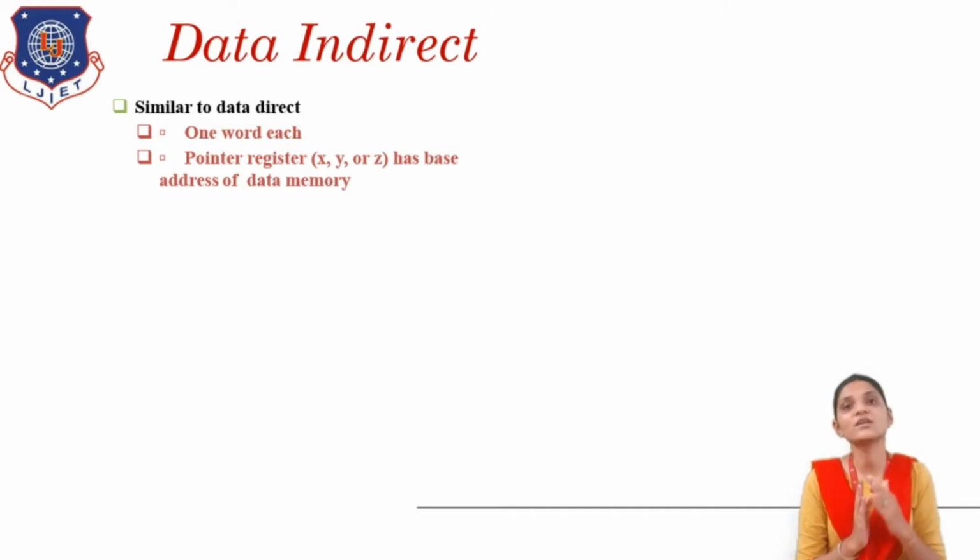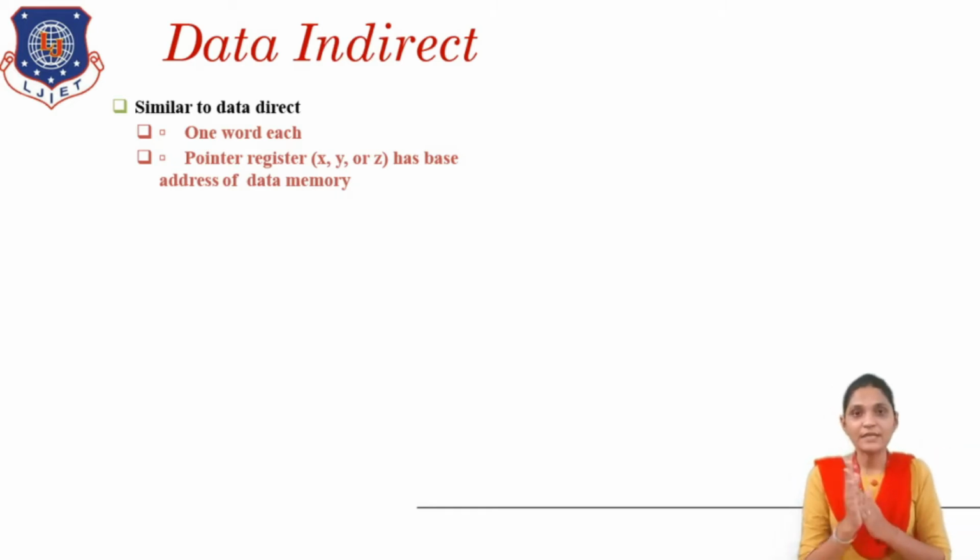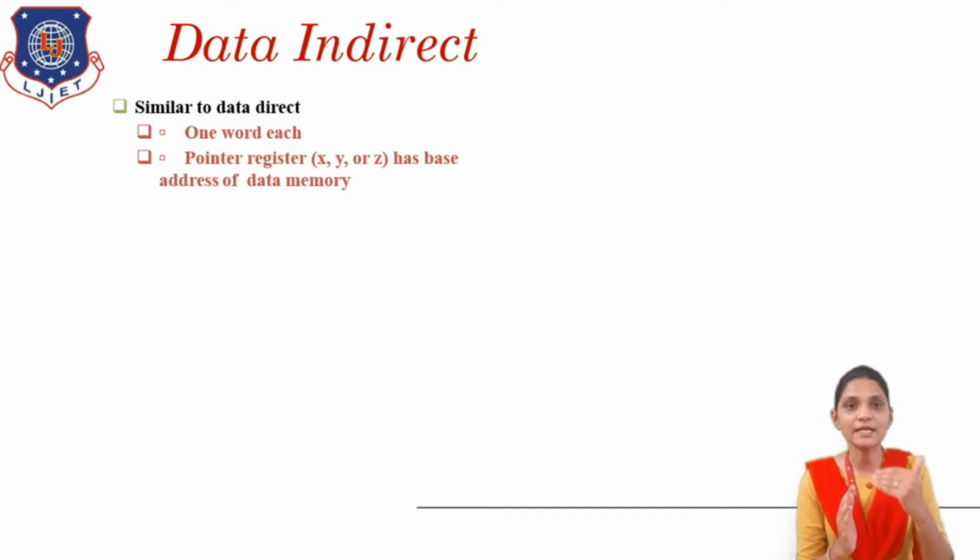But in this case, we store the address in a particular register that we have defined as X, Y, Z. We have defined the registers R26, R27, R28, R29 and R30, R31 as X, Y and Z respectively. We store the address in that register, and use that register, X, Y or Z, rather than the 16-bit direct address.